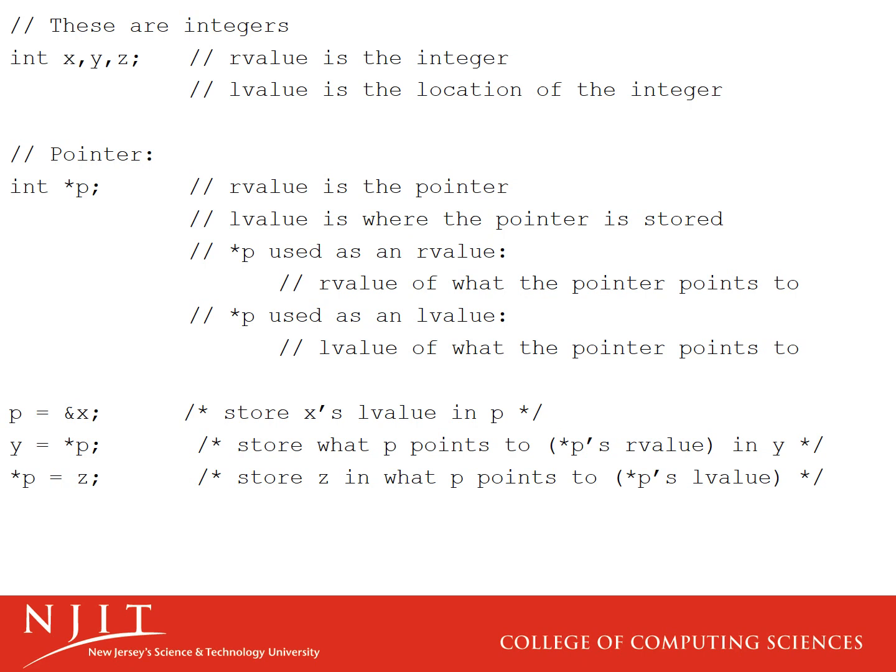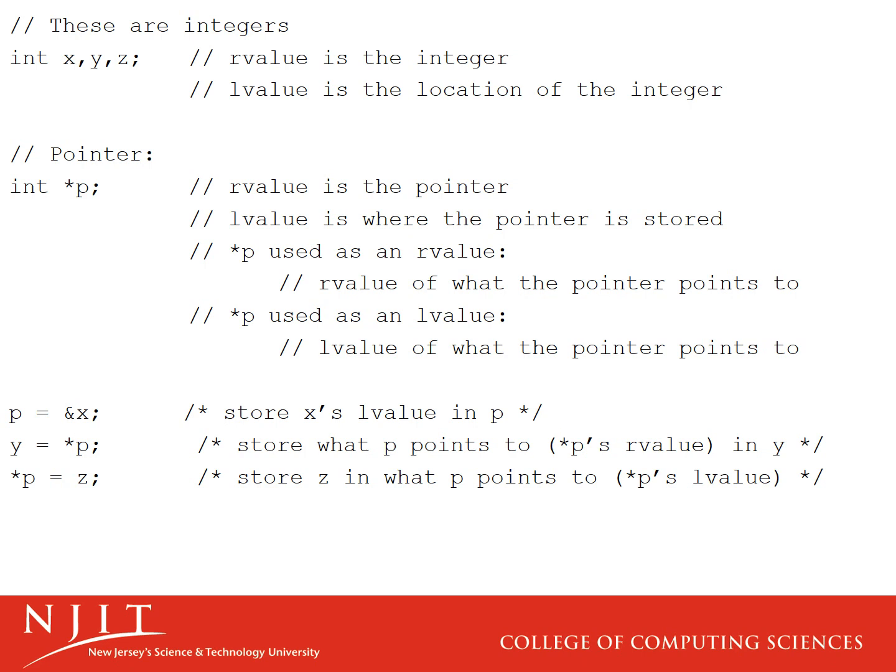So star P is associated with X. Star P on the right-hand side of the equal sign is whatever value is stored in X, copy that into Y. The last line, star P equals Z. Star P points to X, so star P refers to X. Star P on the left-hand side of the equal sign is the same thing as X on the left-hand side of the equal sign. Star P on the right-hand side of the equal sign is the same thing as X on the right-hand side of the equal sign.